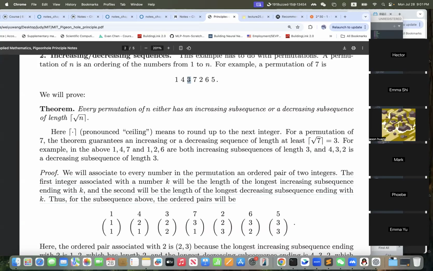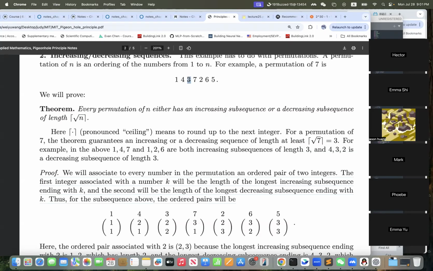A sequence can be of length 1. 3 itself is an array. A list can of course contain only one number, just like a list of students can contain only one student. One student forms a list, two students can form a list, three students can form a list. So 3 itself can be a subsequence, but the length is only 1.